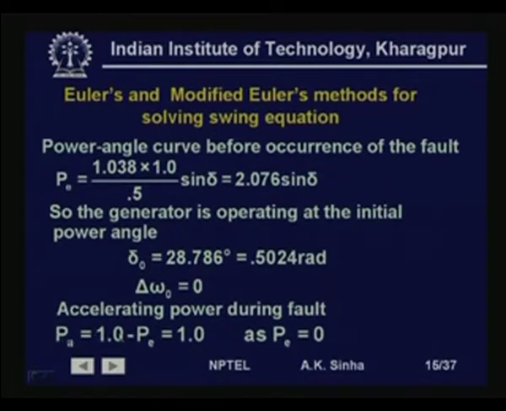This is the mechanical input, and P when the fault is there is equal to 0. So, this is equal to 1 per unit.